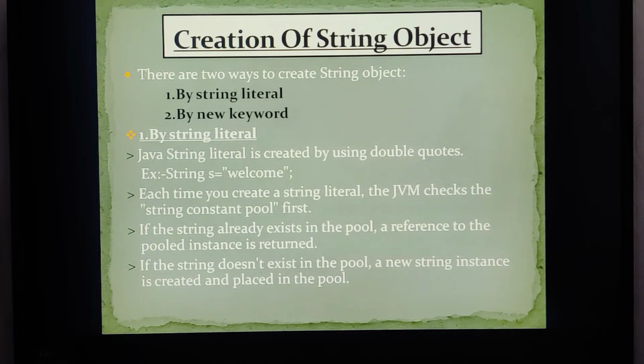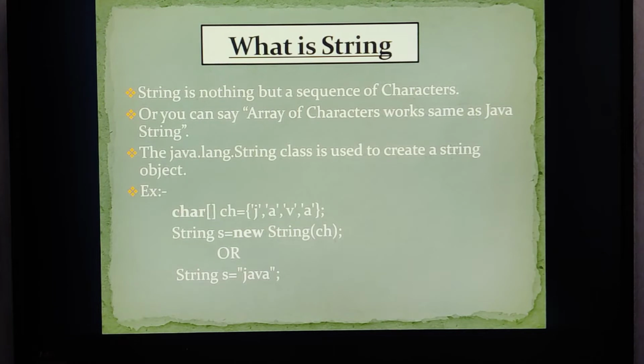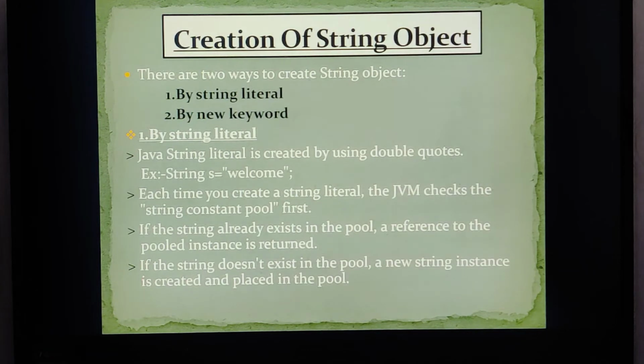Creation of string object. There are two ways to create a string object: one is by using a string literal, and the other is by using the new keyword. You can see in the previous slide, I created string objects using both ways. Let's see how we create a string using a string literal.